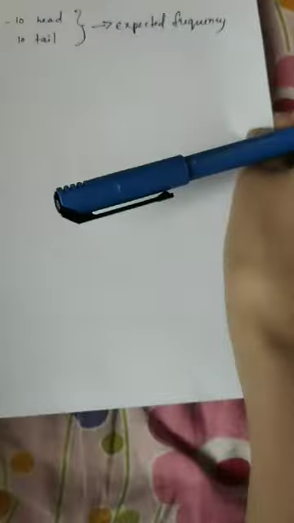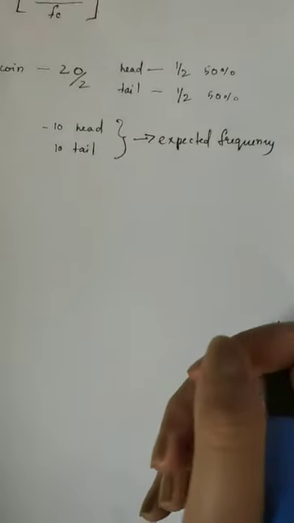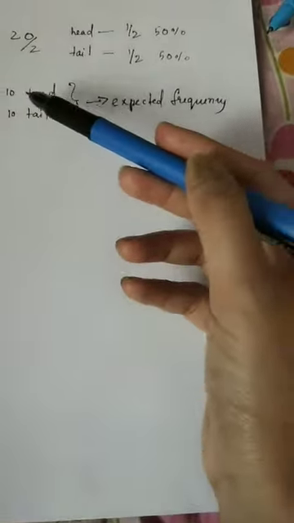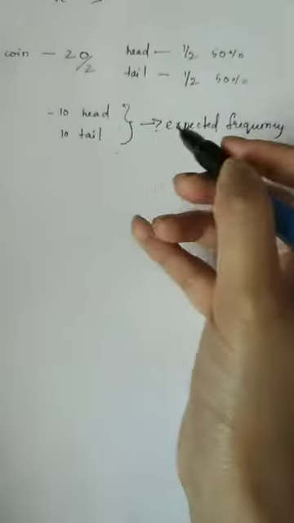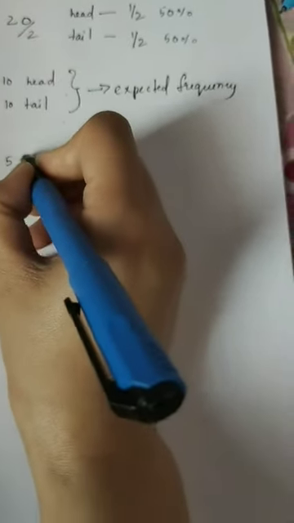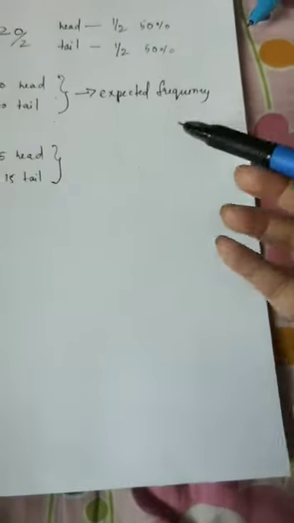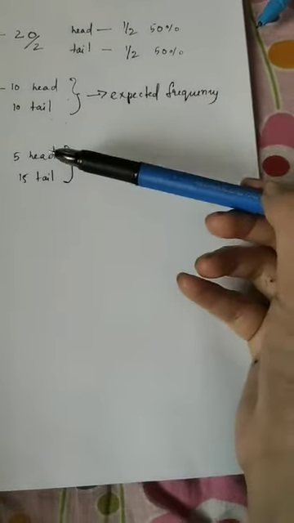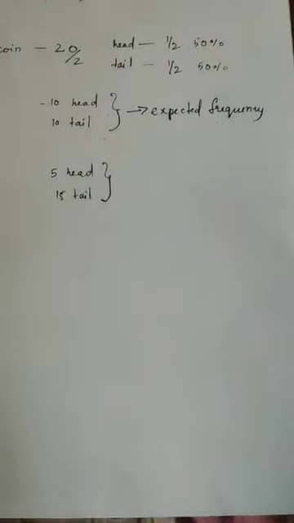But in actuality, when you toss a coin, the expected and the result may not be the same, the perfect 10 head and 10 tail. For example, if you toss a coin 20 times and the result is 5 head and 15 tail instead of the 10 head and 10 tail you expected, this is the observed frequency, the result when you actually do the test.